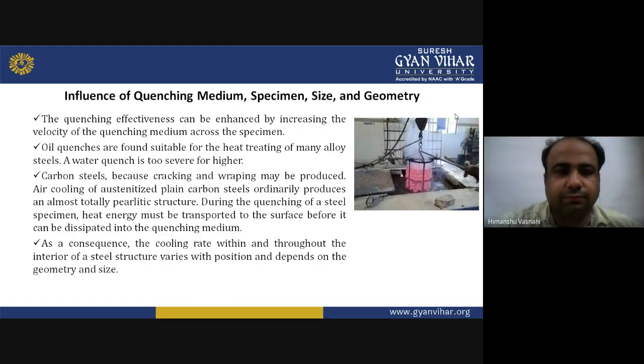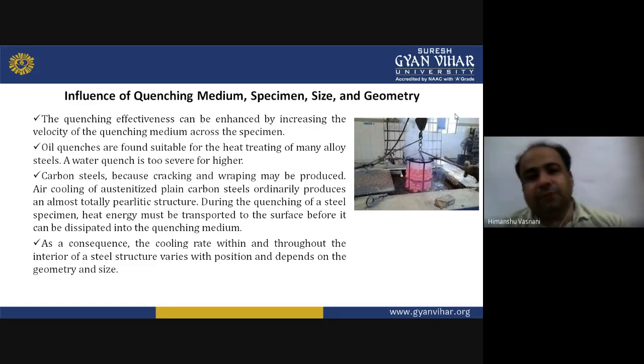Now, the influence of quenching medium. The quenching effectiveness can be enhanced by increasing the velocity of the quenching medium across the specimen. You can see in the diagram on the right-hand side, they have taken the work pieces and are quenching them in a water quenching medium to cool them down.